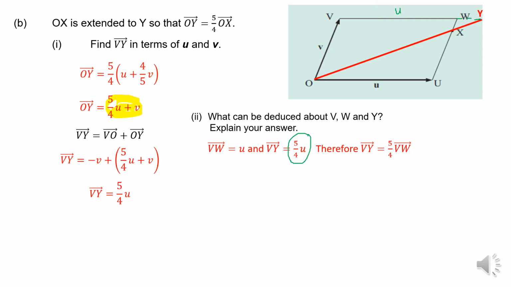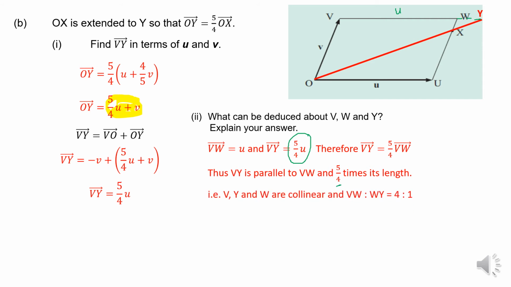That whole thing is an extension. It has to be parallel by that number of times, and you can also see that V, W, and Y therefore have to be on the same line, by that ratio.